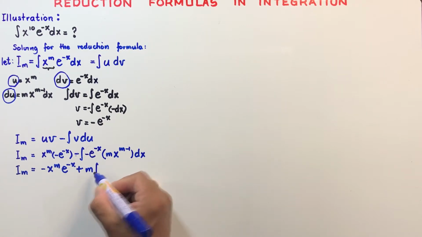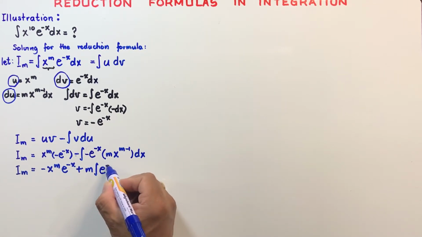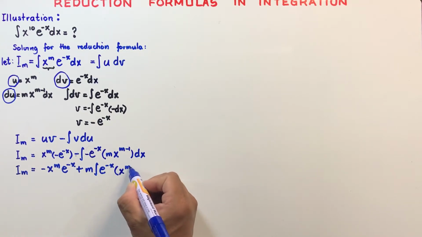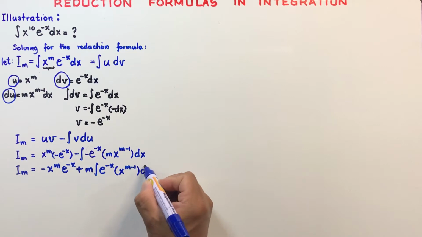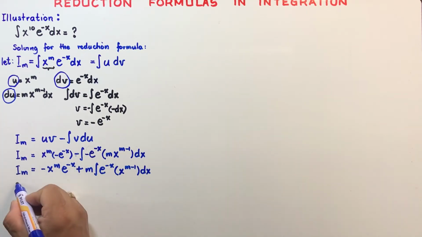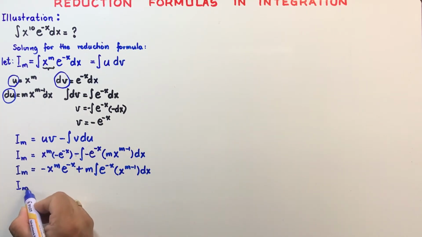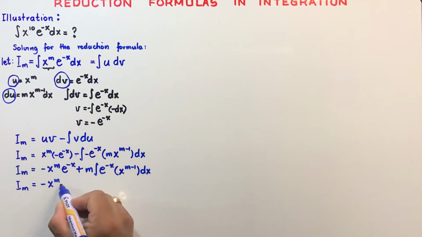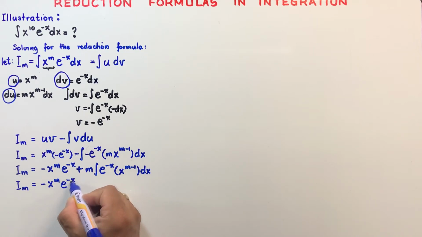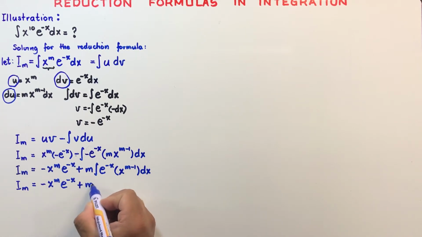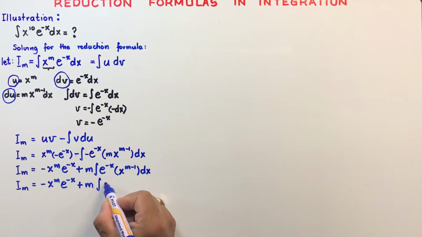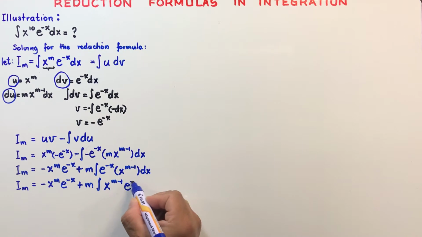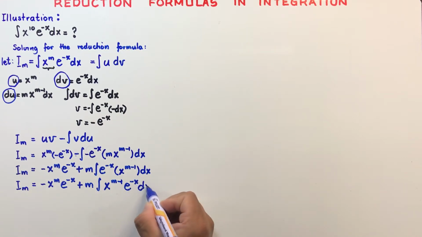So m times the integral e to the negative x times x to the power m minus 1 times dx. And rewriting our answer, we have negative x to the power m times e to the power negative x plus m times the integral of x to the power m minus 1 times e to the negative x dx.